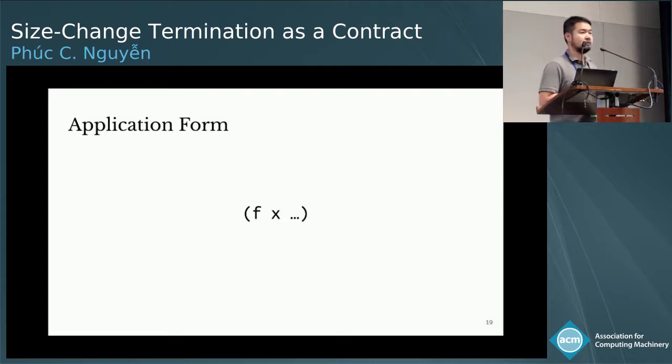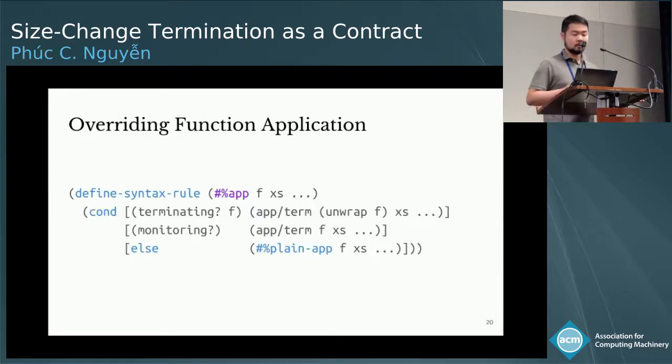An application in Racket can be thought of as syntactic sugar for this uglier form #%app, and any library that redefines this form as a macro can customize what it means to apply in any module that imports it. For our particular application, we redefine application to be this runtime case analysis that inspects the function that it's applying.